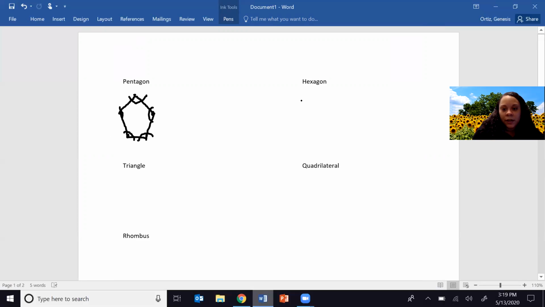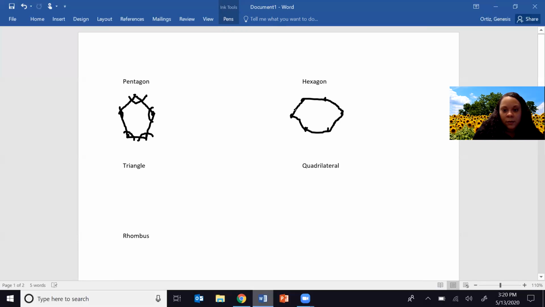Then we know a hexagon is 6, right? So then I'm gonna go ahead and just 1, 2, 3, 4, 5, 6, just to make sure that I get my vertices and I get my angles. Now yours will probably look better than mine and have more clear vertices.